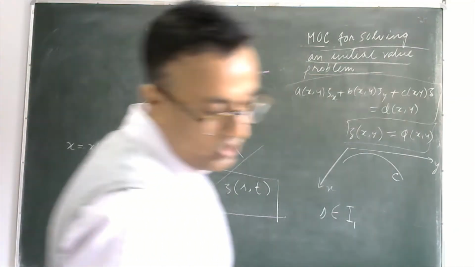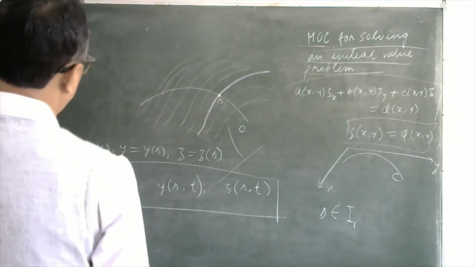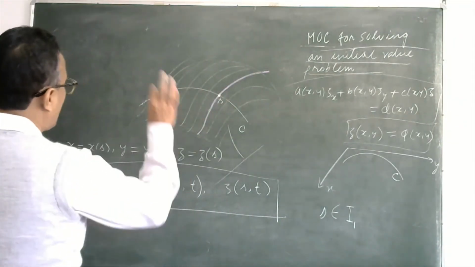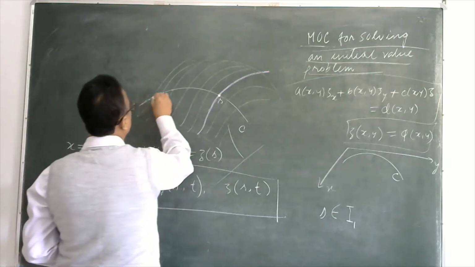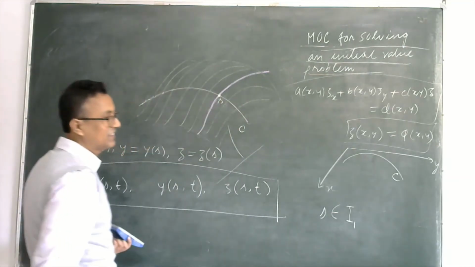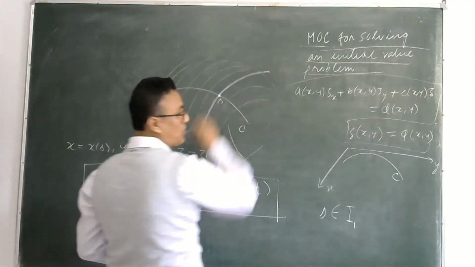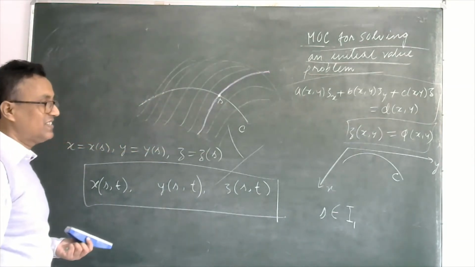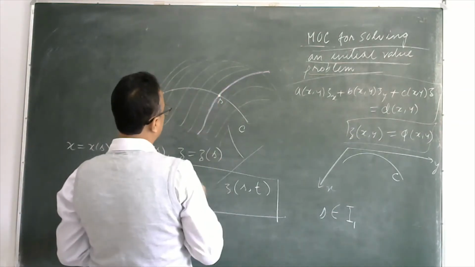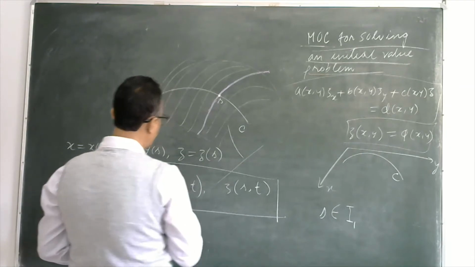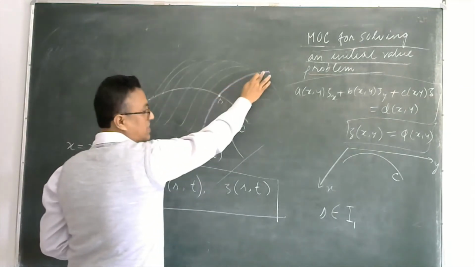Now remember, this is very interesting. See, s was varying along this, t was varying along this, isn't it? So for each value of s, we are going to get one curve, right?